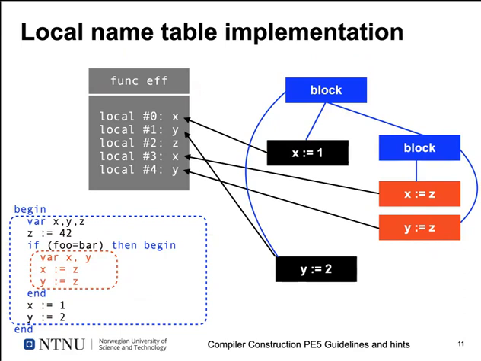And when we use a function table here, we could say we have local variables just enumerated 0, 1, 2, 3, 4. And these have names. And as you see, they have unique numbers here on the left-hand side, but they don't need unique names on the right-hand side here.